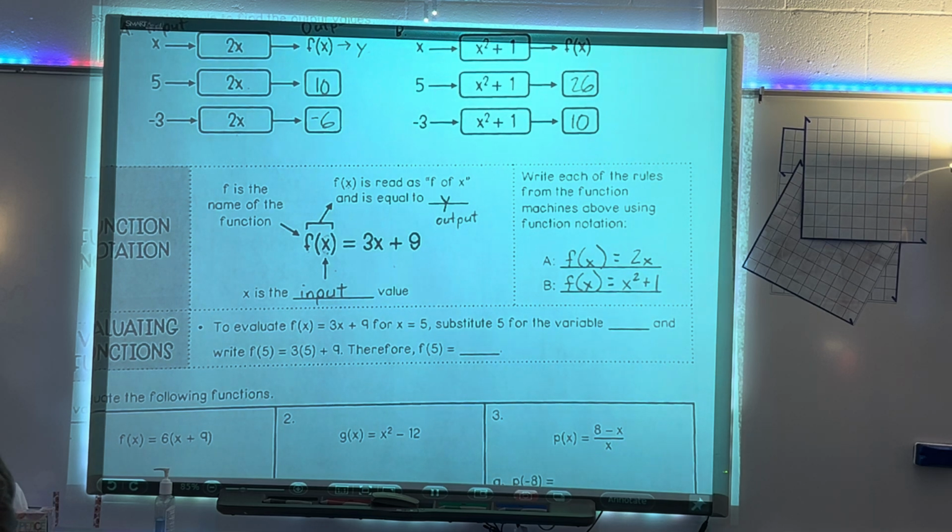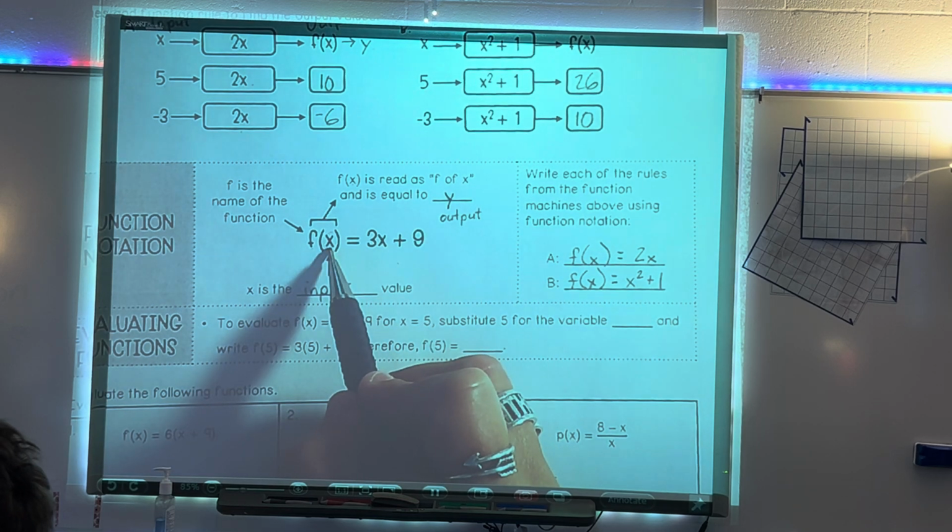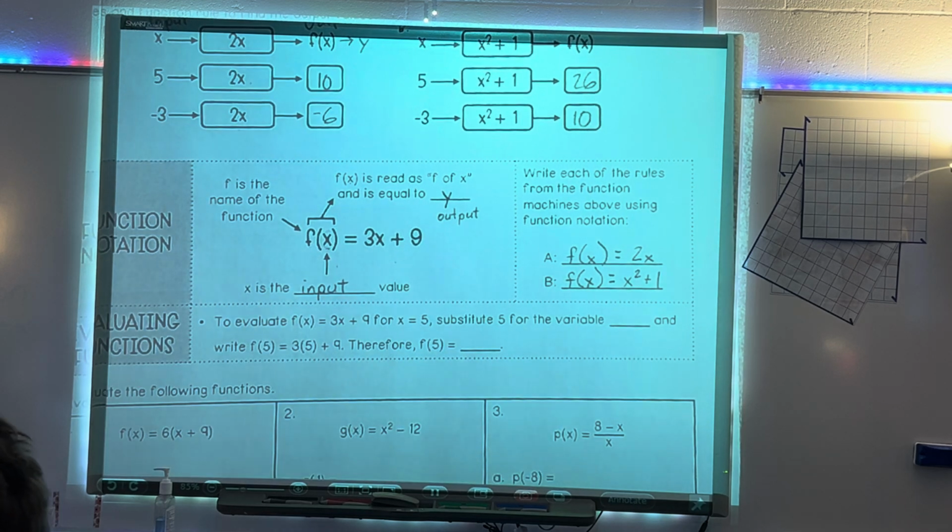You have to remember every single function that we look at or equation, it's really a graph. Everything ties back to what the graph looks like. Remember graphs have an x and a y value, right? So the input is the x value on our graph, and the output is the y value, which we're going to see on a problem on the back of this page.